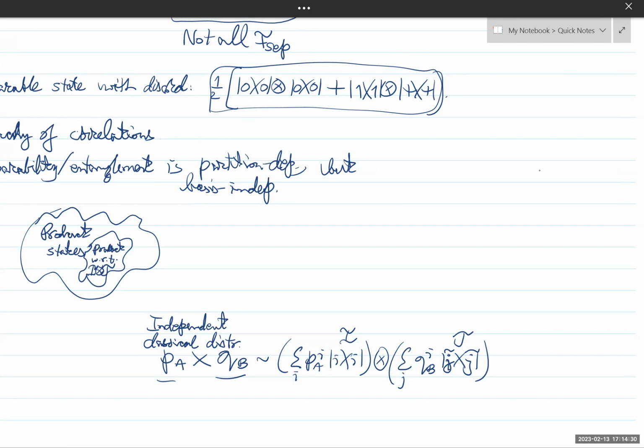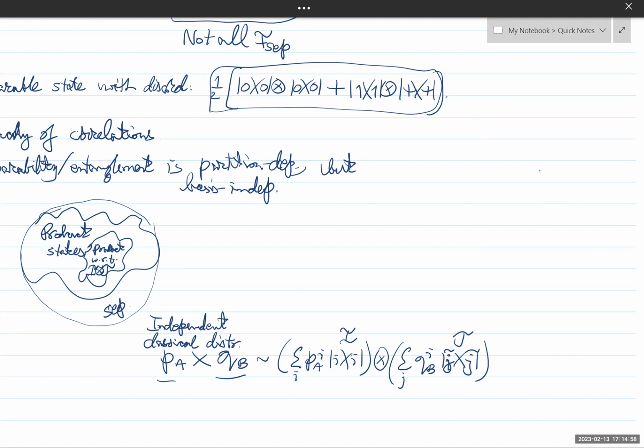And then you can complete these to their respective convex sets, convex closures. So when you complete the product states to its convex closure, it produces what I call the F set, but in the literature it's just called the set of separable states.